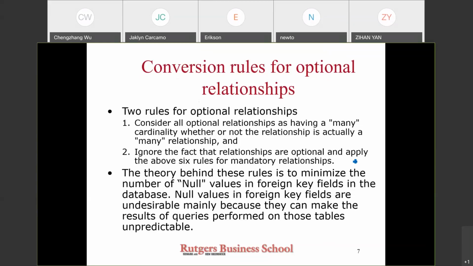First, consider all the optional relationships as having many cardinality, whether or not the relationship is actually a many relationship. And second, ignore the fact that relationships are optional and apply the above 6 rules for mandatory relationships.